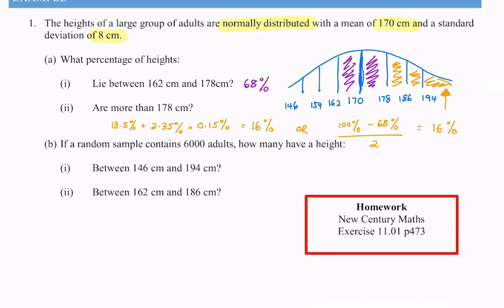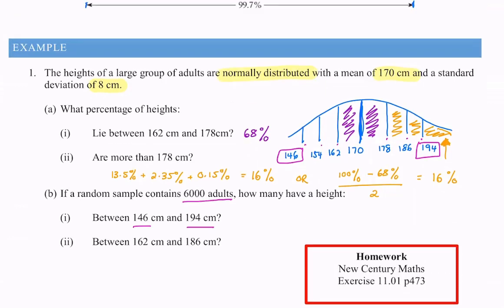So now we're going to combine the percentages with a number of adults living under this normal curve. It says if a random sample contains 6,000 adults, how many have a height between 146 and 194? 146 is here and 194 is here. We're looking at three standard deviations above and below.